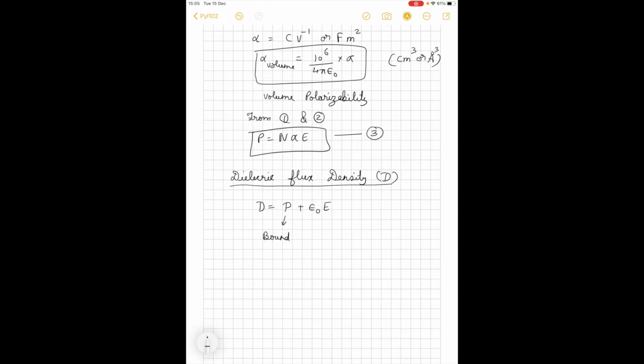Because P is just the magnitude of the bound charge. And the second contribution comes from the free charge, because this epsilon naught is telling you we are talking about the free charge density. So this is the definition of D. It has two sources of D: one is the bound charge, the second is the free charge density.